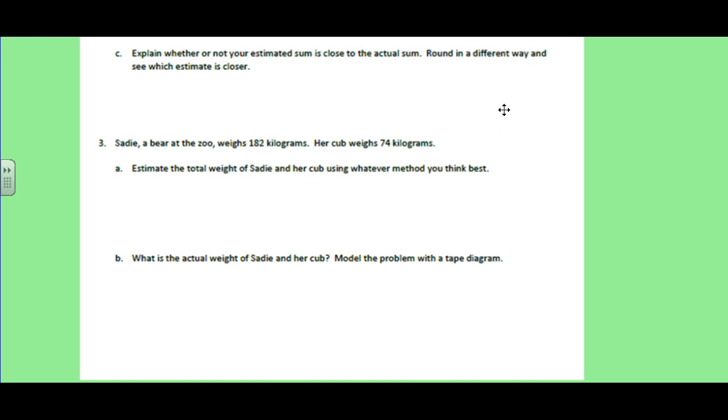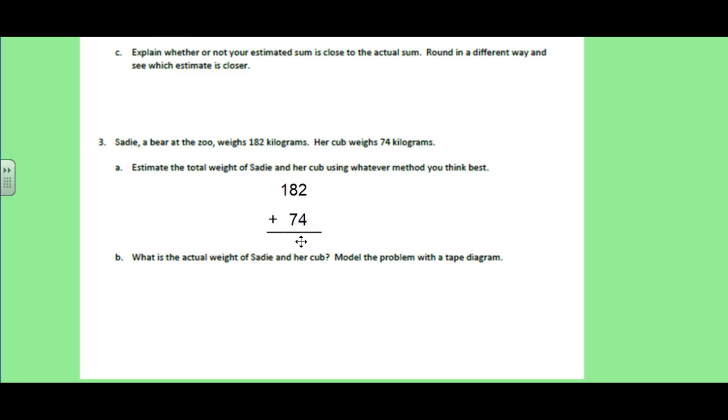Okay, we're going to do the same thing with number 3, kind of ignoring what A and B say. Number 3 says Sadie, a bear at the zoo, weighs 182 kilograms, and her cub weighs 74 kilograms. We're trying to figure out how much they both weigh, so we're going to add this together. Once you've added these together, find the estimated answer, so what this would be closest to.